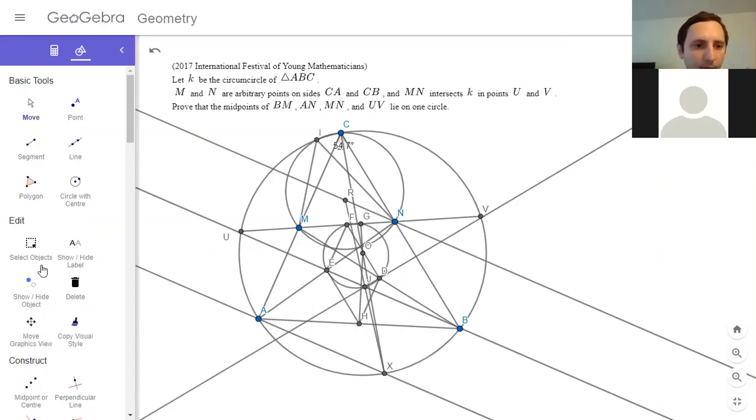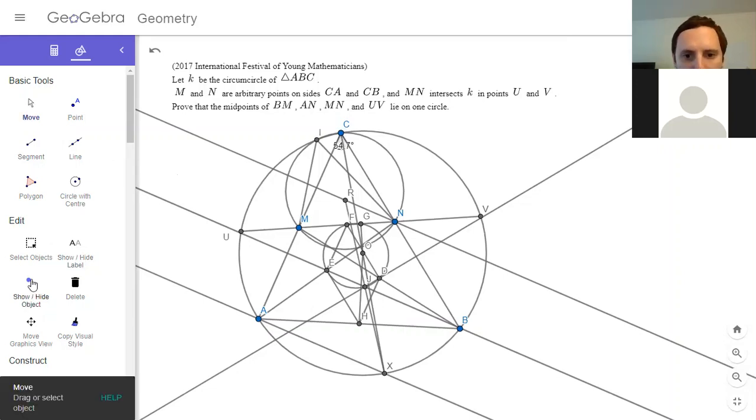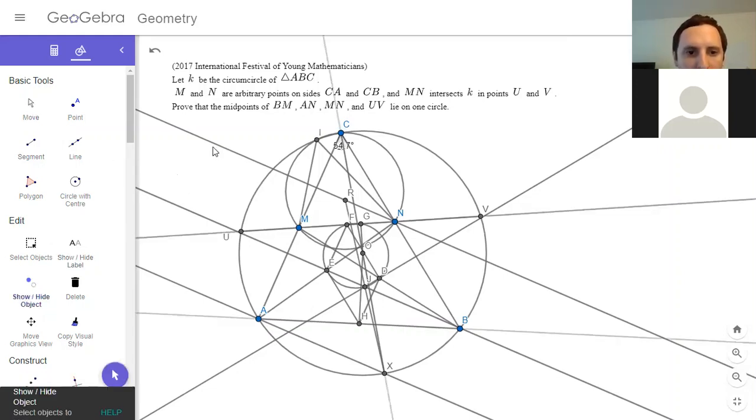All right. So J, O, G are collinear because JO is parallel to AR, which is perpendicular to UV, because J and O are the midpoints. Okay, so JO is parallel to CR. I'm sorry, yeah, JO is parallel to CR.